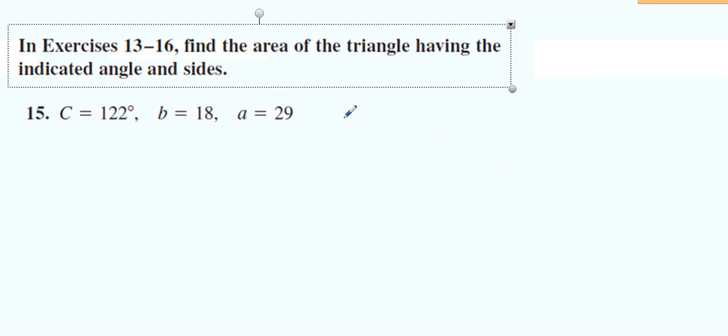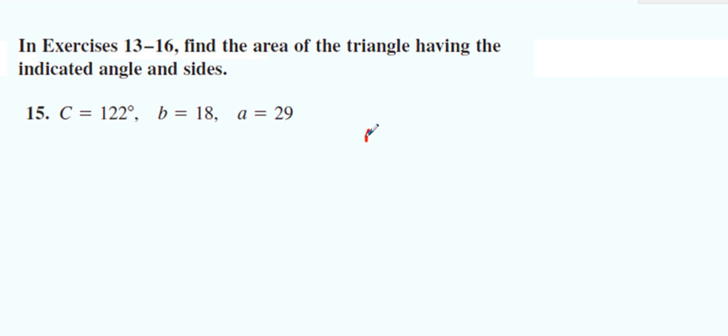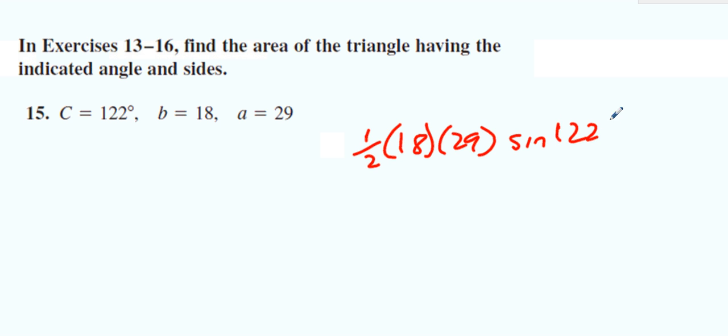Here's another one. 1/2 18 times 29 times sine 122. Again, you just got to make sure that the sides that they give you are not the same letter as the angle that they give you.